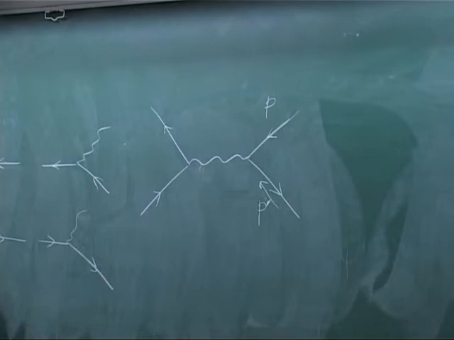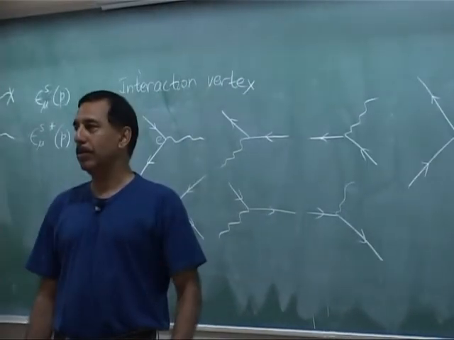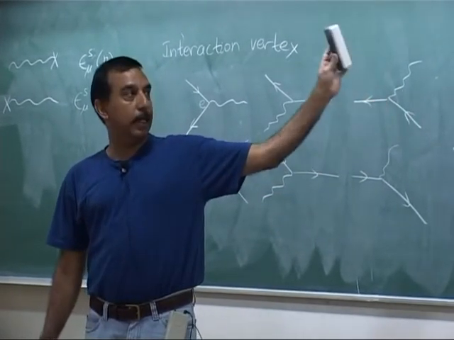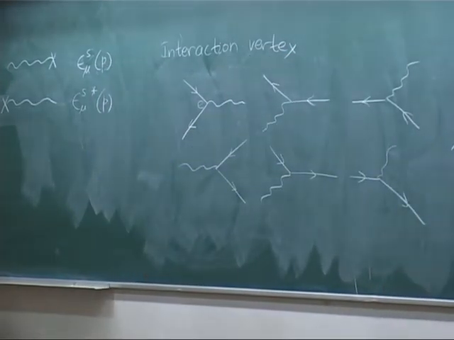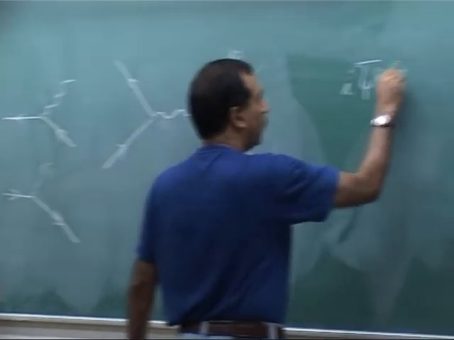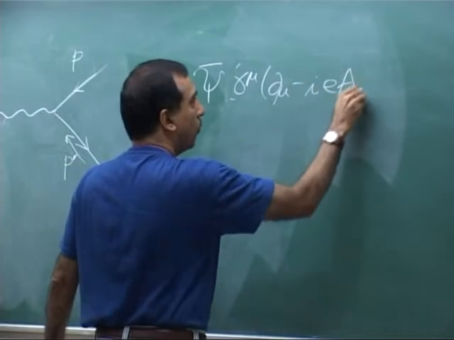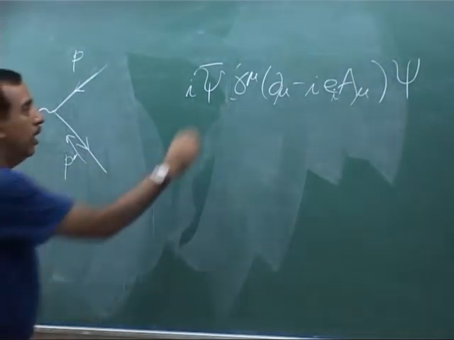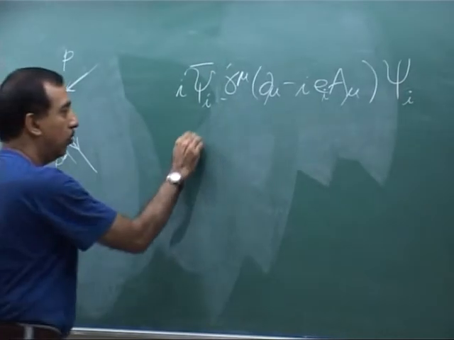Now, I could have written my theory with multiple different particle species. For example, I could have had electrons and muons and quarks and tau leptons. What would the Lagrangian have been? It would have been that Dirac action with del mu replaced by del mu minus i A mu, this action. But e would have been e_i and psi would have been psi_i, where i runs over the species of the particle.